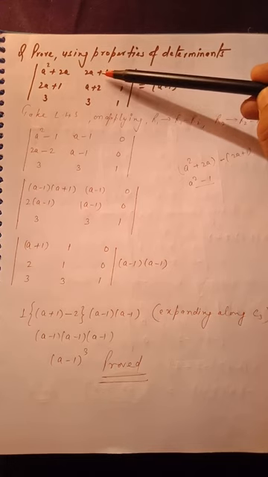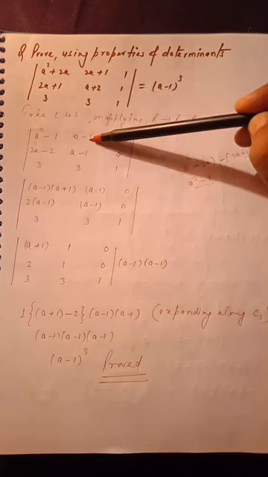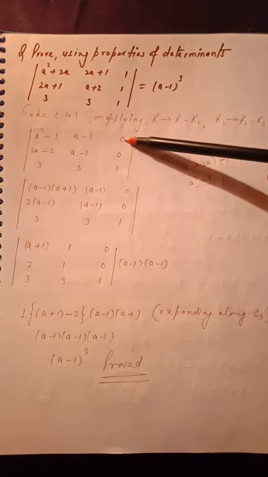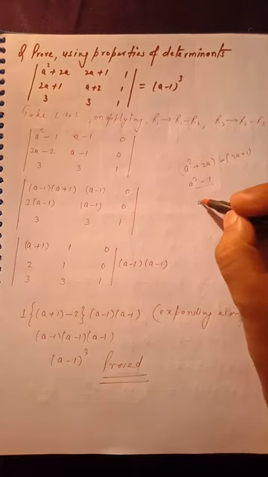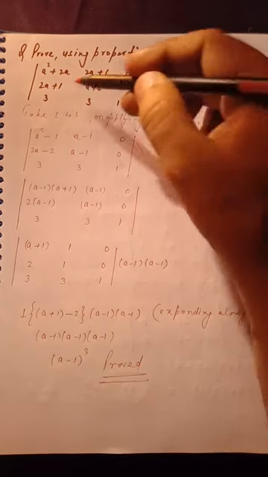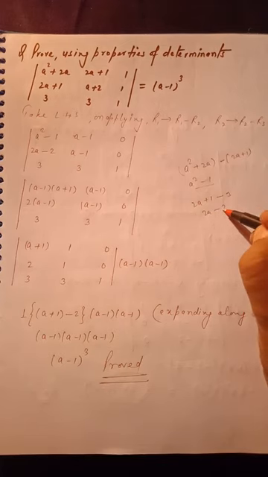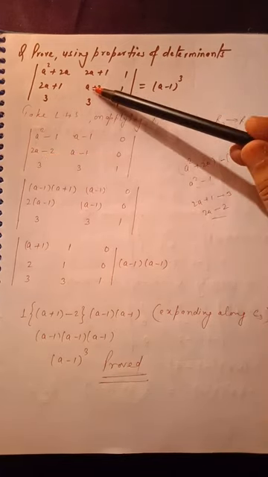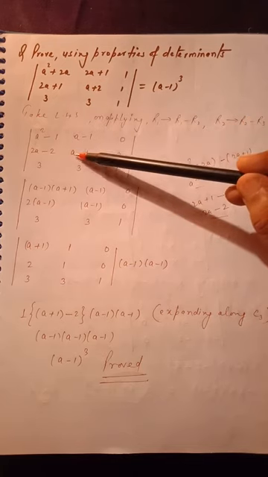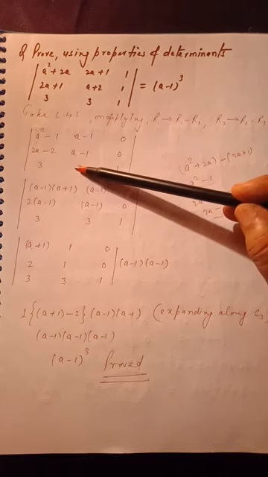Similarly, 2a minus a is a, 1 minus 2 is minus 1, and 1 minus 1 is 0. Similar case here, 2a plus 1 minus 3, so it is 2a minus 2. So I am writing 2a minus 2. Similarly, a plus 2 minus 3 will become a minus 1, and 1 minus 1 is 0. Here the third row is the same.